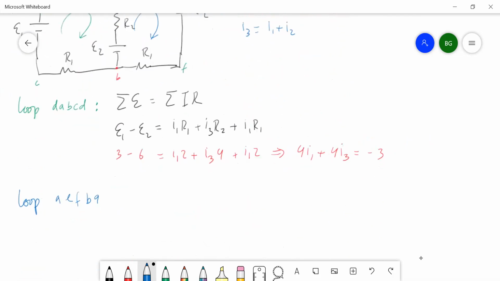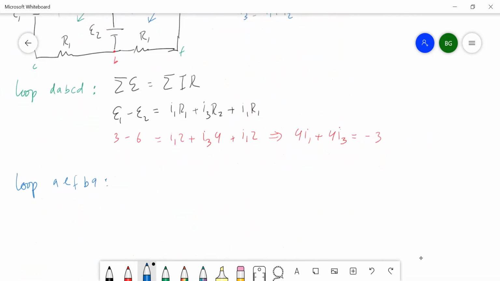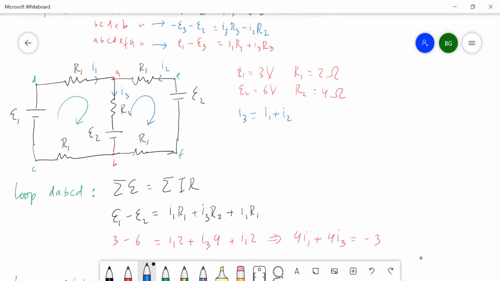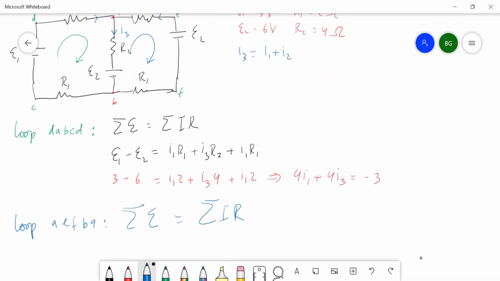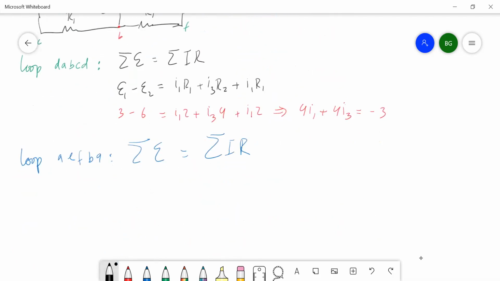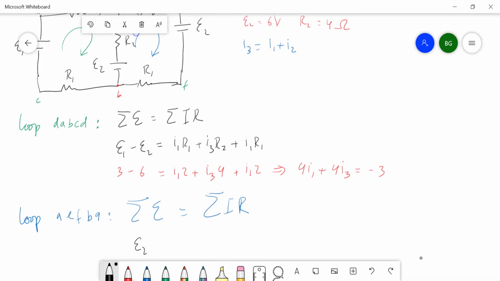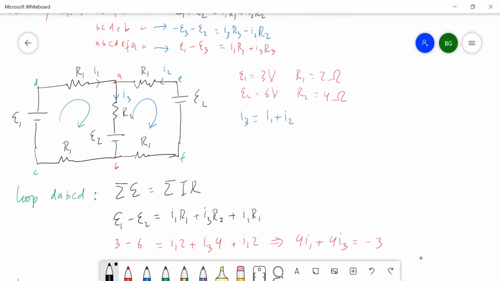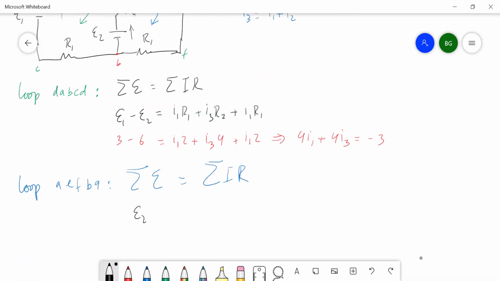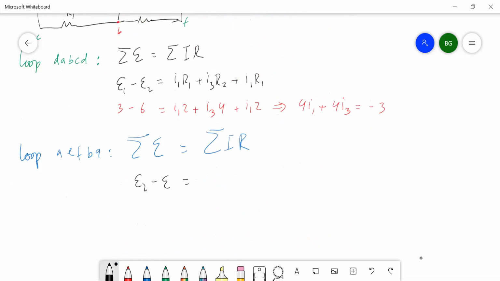So we have sigma epsilon equals sigma IR. For this one, we have E2, which is positive, and this one is negative.